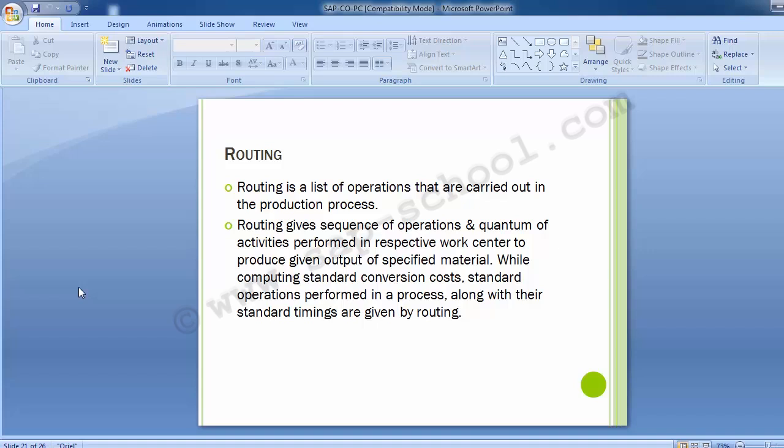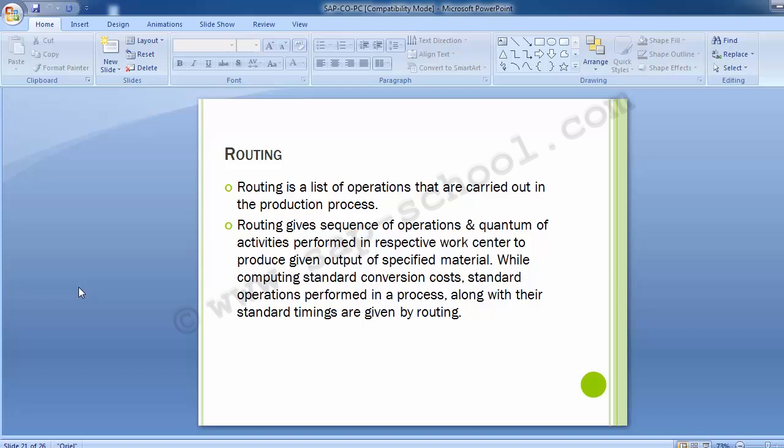So this is how you can calculate the cost of producing a cookie, and we have seen how these different master data are used in valuing the cost of a product at different stages.